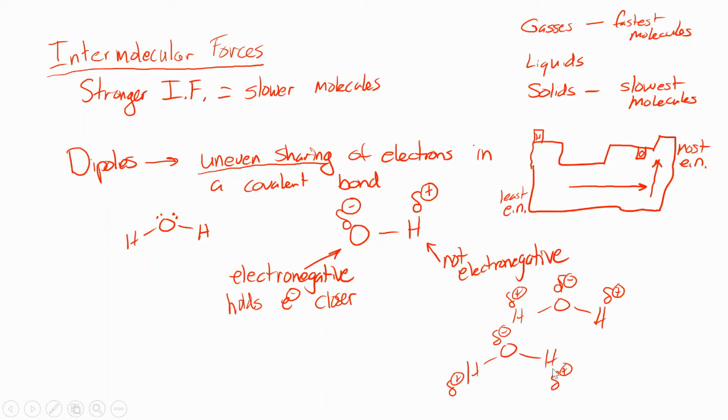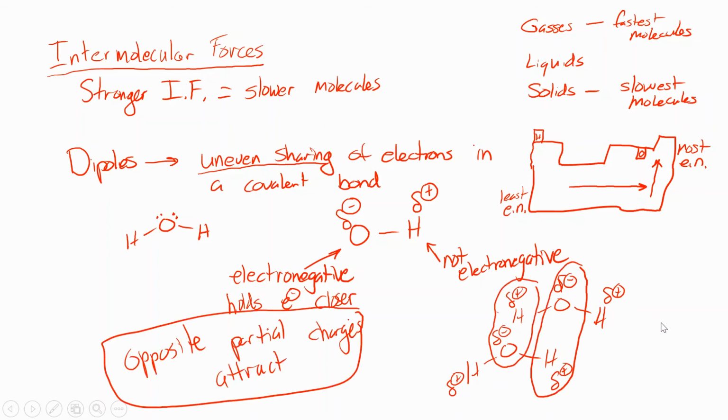And so these opposite partial charges attract each other and create this kind of stickiness, the stickiness that we were talking about, these intermolecular forces. They create this attractive force between a partial negative and a partial positive, and that is what holds these water molecules a little bit tighter together.